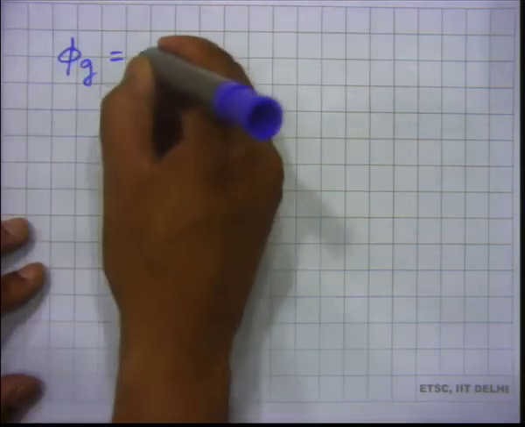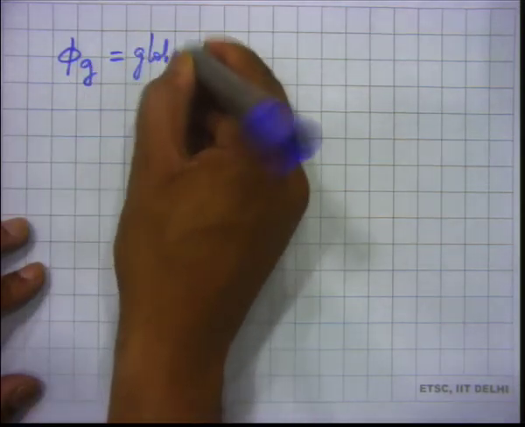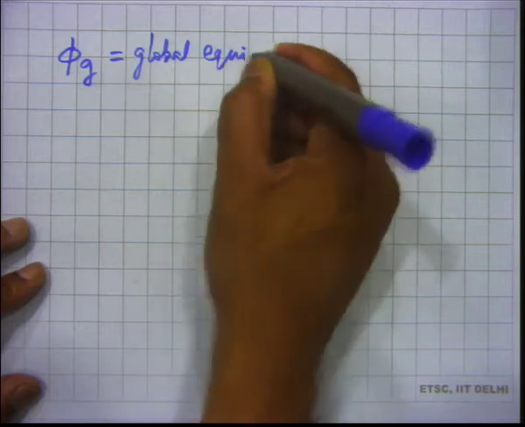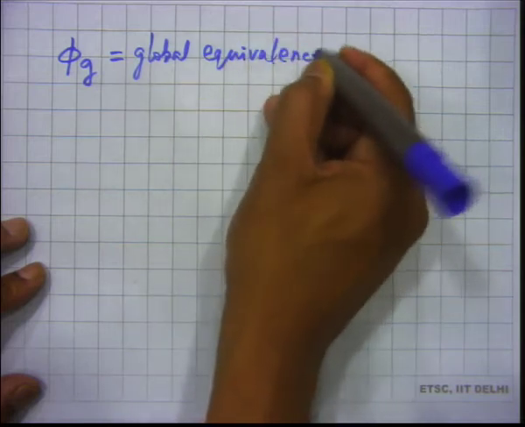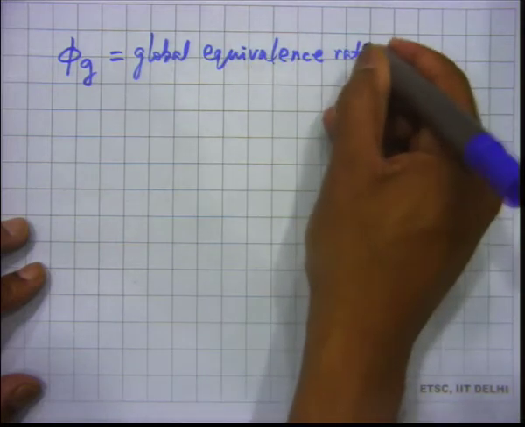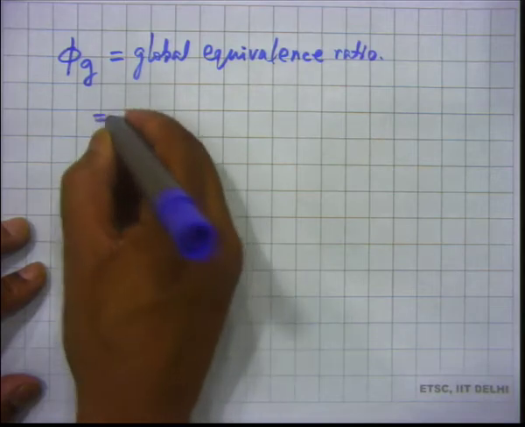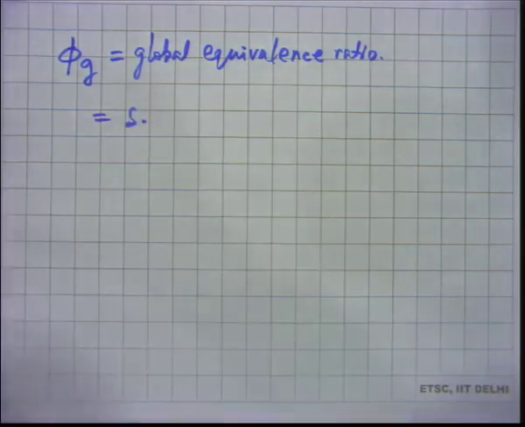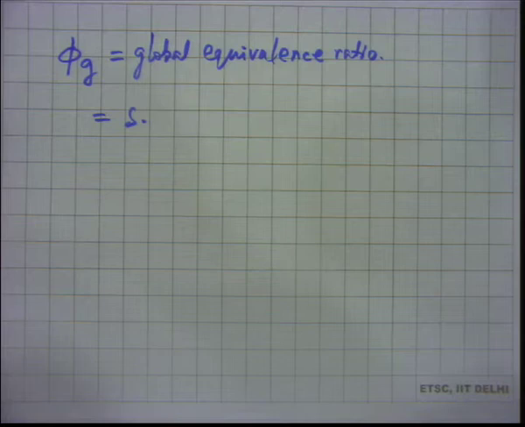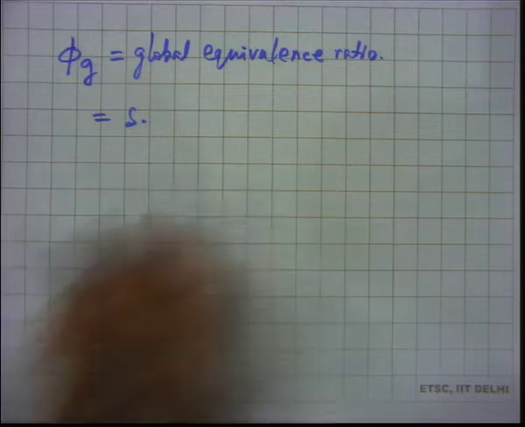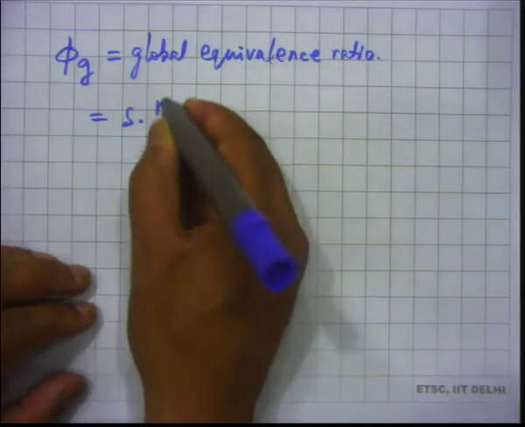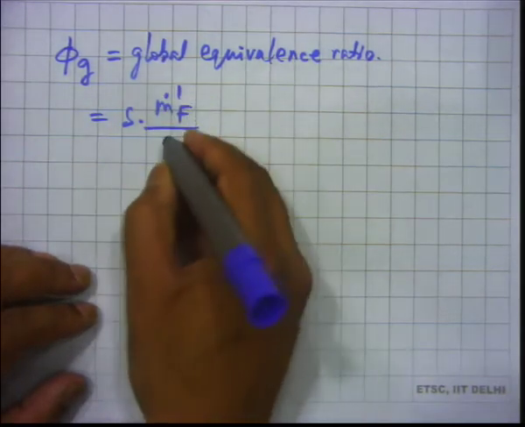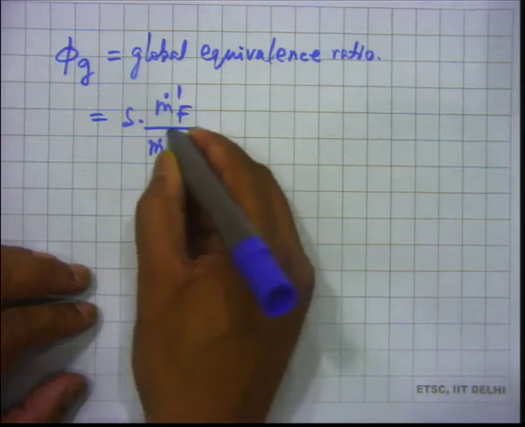Now, there is also another phi which can be defined, which is called phi g. So this is called a global equivalence ratio. And that global equivalence ratio is not the same as the equivalence ratio that we wrote a few minutes back. So that is S times m dot f1 divided by m dot O2.